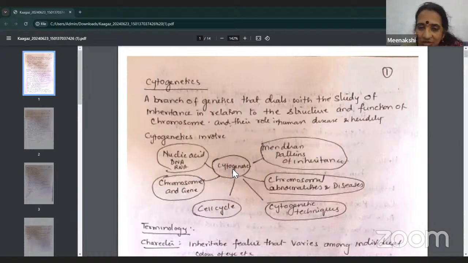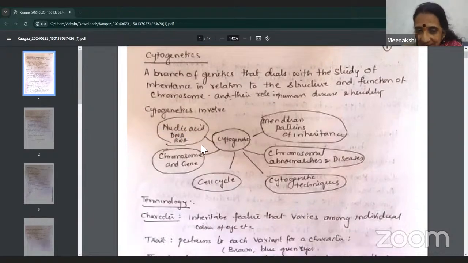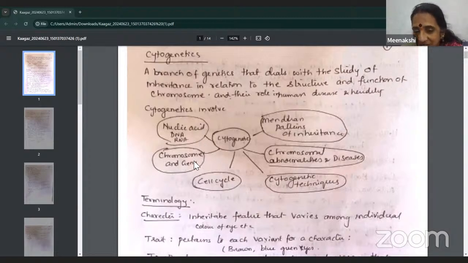When we talk about cytogenetics, it involves the study of nucleic acids, DNA and RNA, their structure, their function, how they fold, and what happens if the DNA is less or more or denatured or has been transcribed. All these we will be able to study along with nucleic acids. Another one is chromosomes and genes.